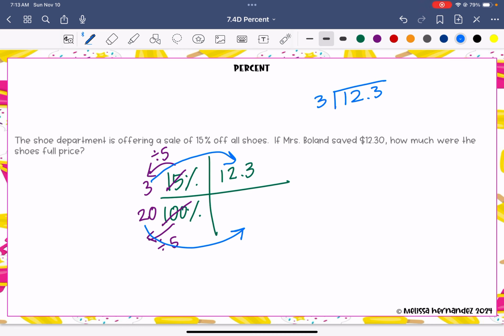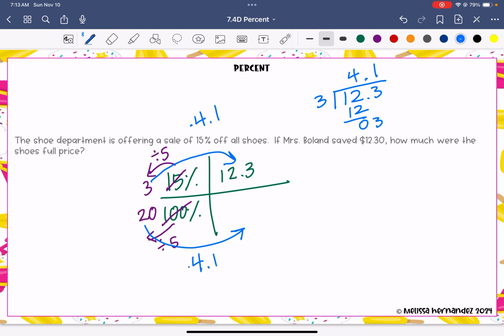And whatever this answer is, that's my scale factor. That's not my answer. So I'll put my decimal right there. So in other words, 3 times 4.1 or 4 1/10 will give me 12.3. So whatever I do to the top, I'm going to do to the bottom. I have to keep these equivalent ratios.